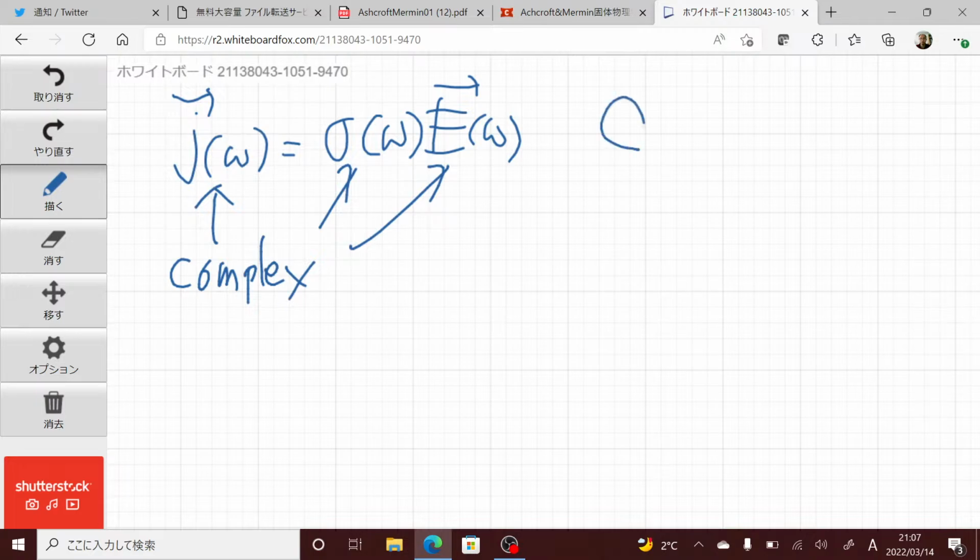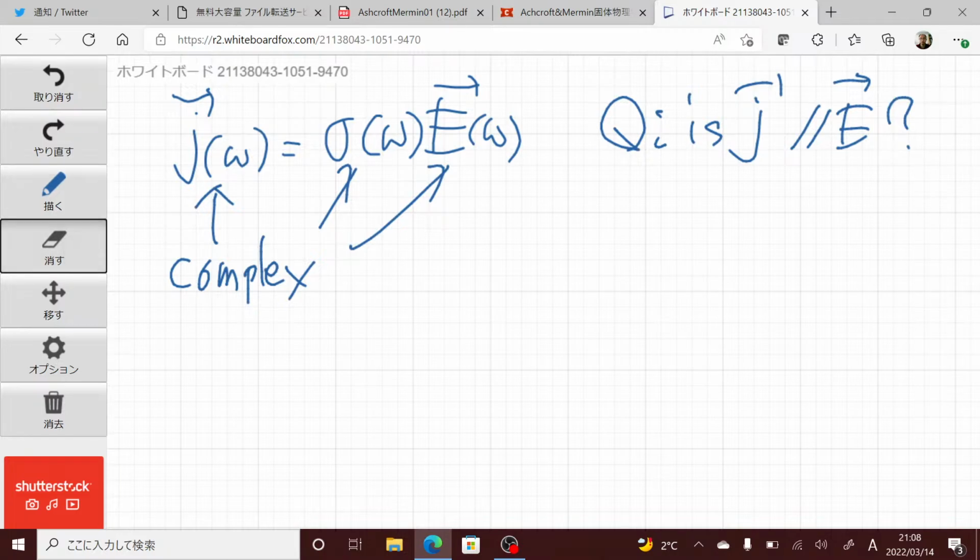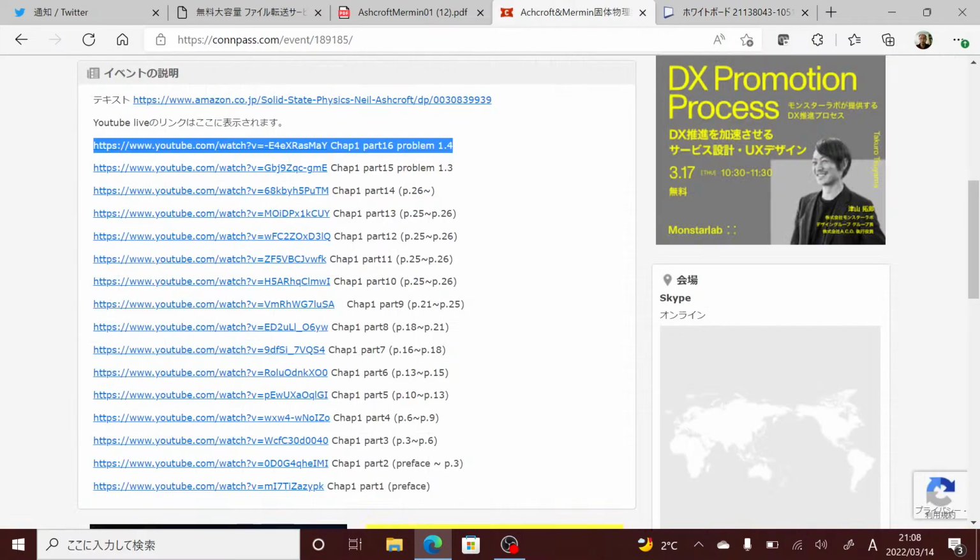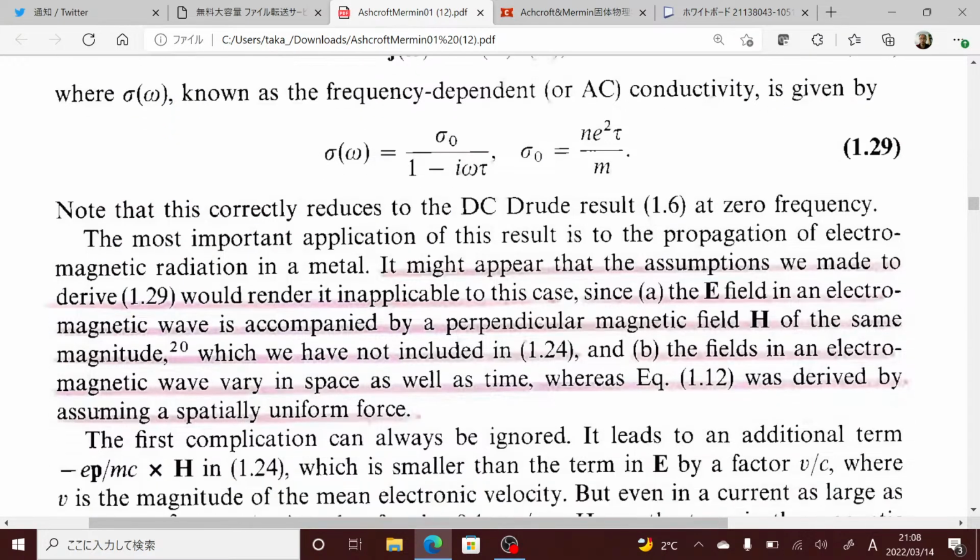The question is, is J parallel to E? My naive question. Is J parallel to E? And I don't know, because these are complex numbers.